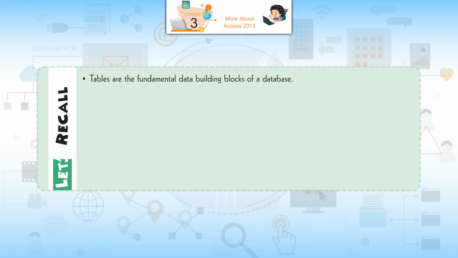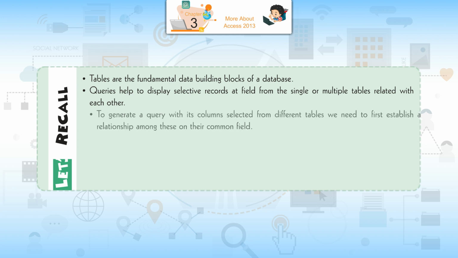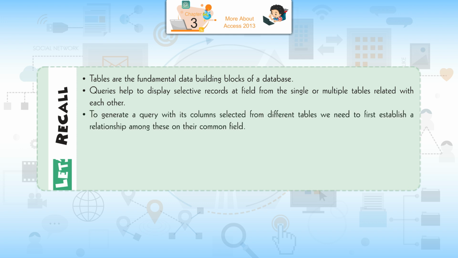Let's recall. Tables are the fundamental data building blocks of a database. Queries help to display selective records and fields from single or multiple tables related with each other. To generate a query with its columns selected from different tables, we need to first establish a relationship among these on their common field.